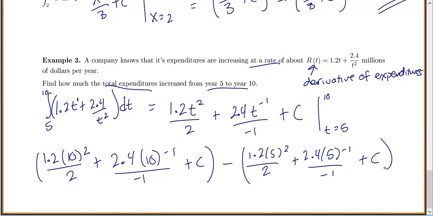Again, those c's cancel. Eventually you'll get to the point where you'll stop even writing them in if you know that you're evaluating upper and lower limits. And this should give 45.24. So we know that our total expenditures increased 45.24 million.